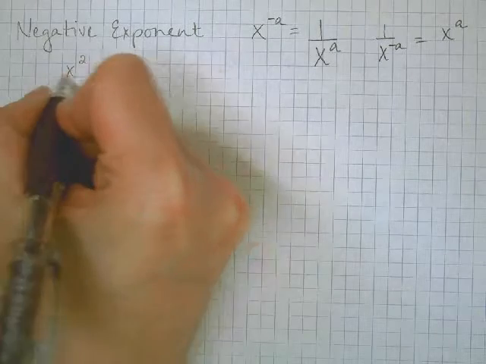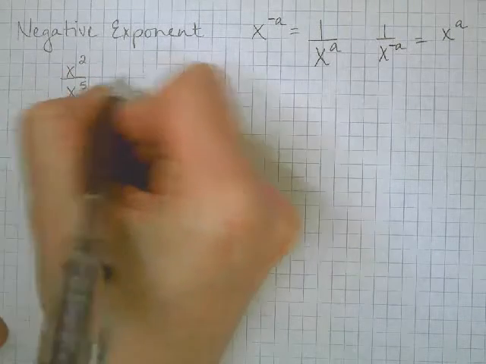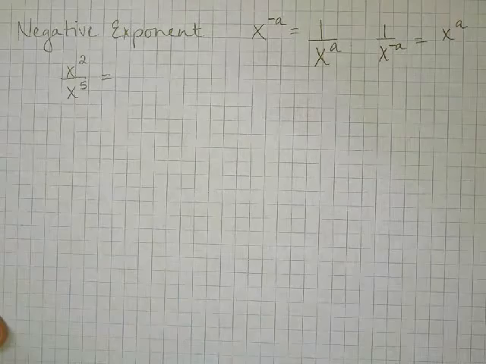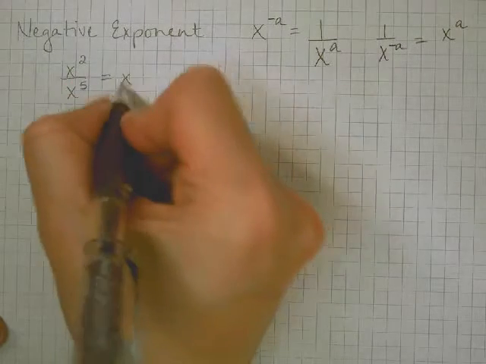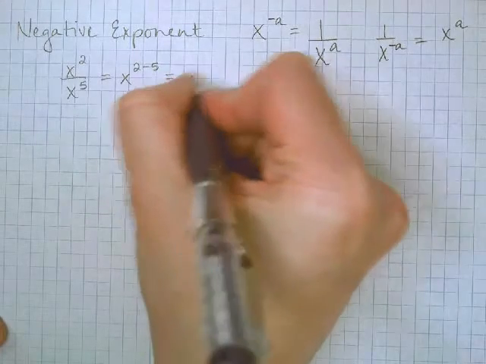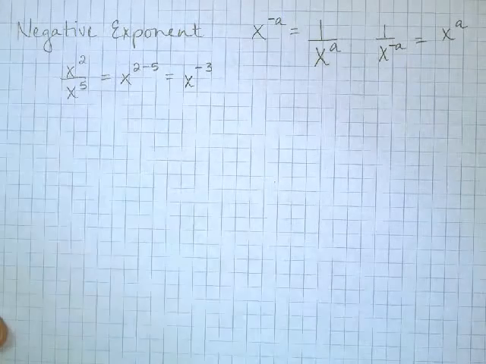That's the implication there. So with the negative exponents, the reason this one works, let's say I have x to the 2nd over x to the 5th. According to my quotient rule, that would be x to the 2 minus 5. So if I subtract 2 minus 5, that gives me x to the negative 3rd.